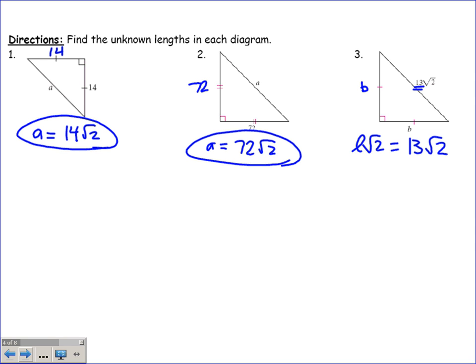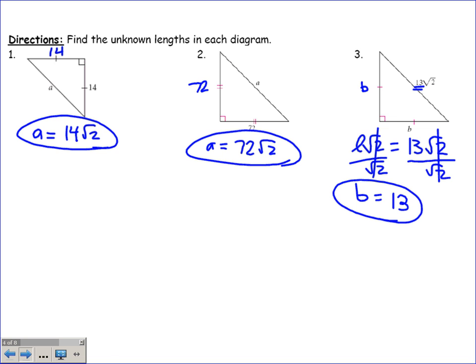This is the formula for the hypotenuse, and that's the length of our hypotenuse. All we'll do is divide both sides by the square root of 2, and L equals 13. That's probably the easy part, or I guess B equals 13. So if this is 13, this is 13, this would have to be 13 times the square root of 2. Does that make sense?